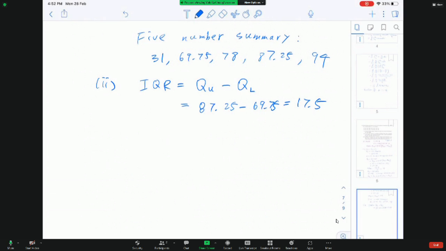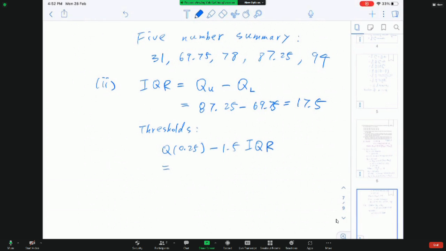Then we have the thresholds for determining the outlier. So we have two thresholds.